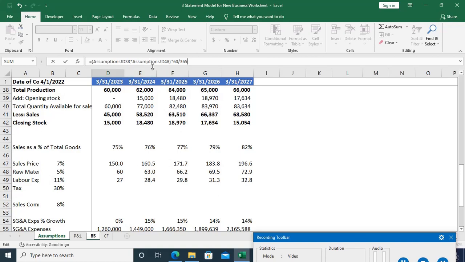Let's say it was 1 lakh. Now 60 days you are paying the creditor after 60 days.